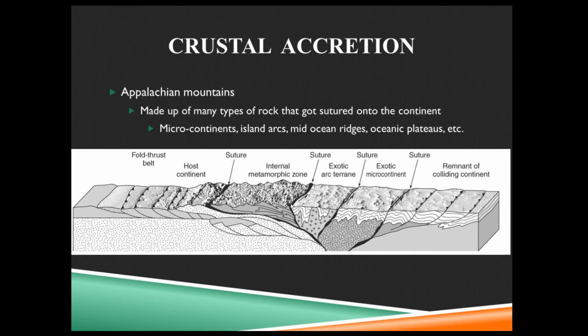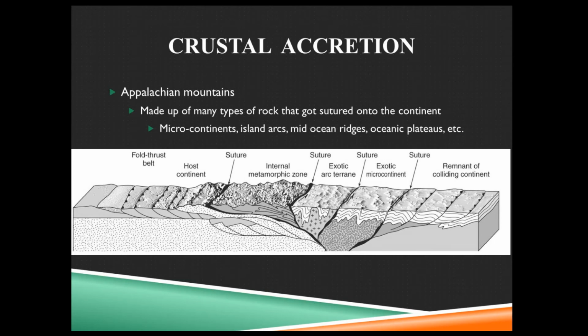In the middle of the mountains, we have a heavily metamorphosed zone made up of different kinds of rock: some continental rock, some accretionary prism material, some oceanic crust, some crust from whatever came along next, so smashed together that it's metamorphosed, and that's the heart of the mountain.